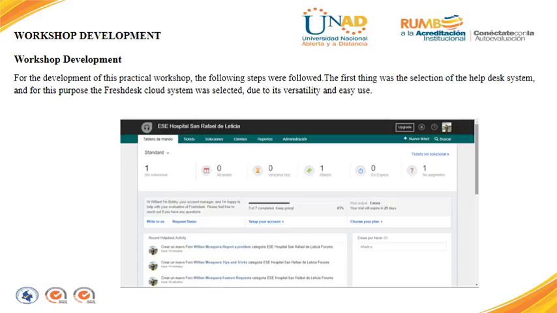Workshop development. For the development of this practical workshop, the following steps were followed. The first step was the selection of the helpdesk system, and for this purpose, the Freshdesk Cloud system was selected due to its versatility and ease of use.